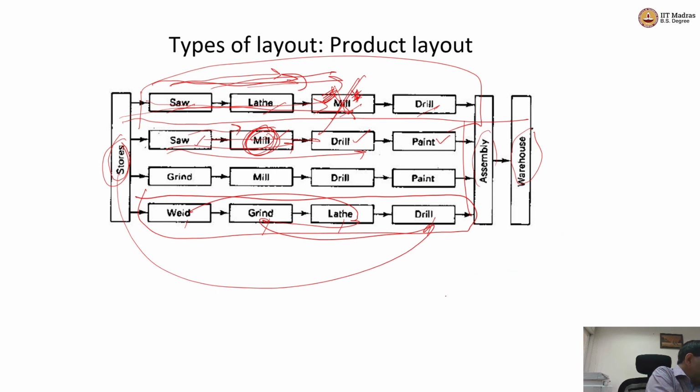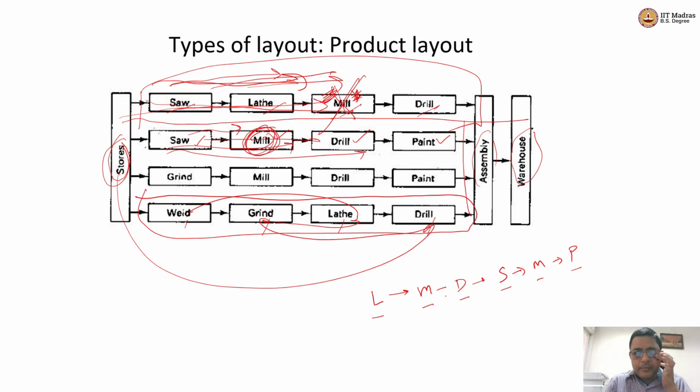And let me say that a product requires this sequence of operations: a lathe, a milling machine, a drilling machine, a saw, a milling machine, and a paint shop, a painting job. Okay. If this is the sequence of operations, your layout is dictated by the sequence of operations.